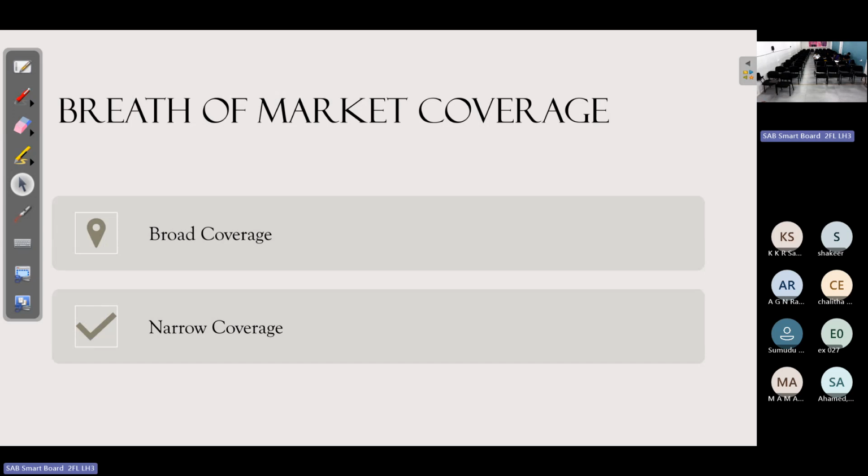Companies serving many different market segments, the entire market.